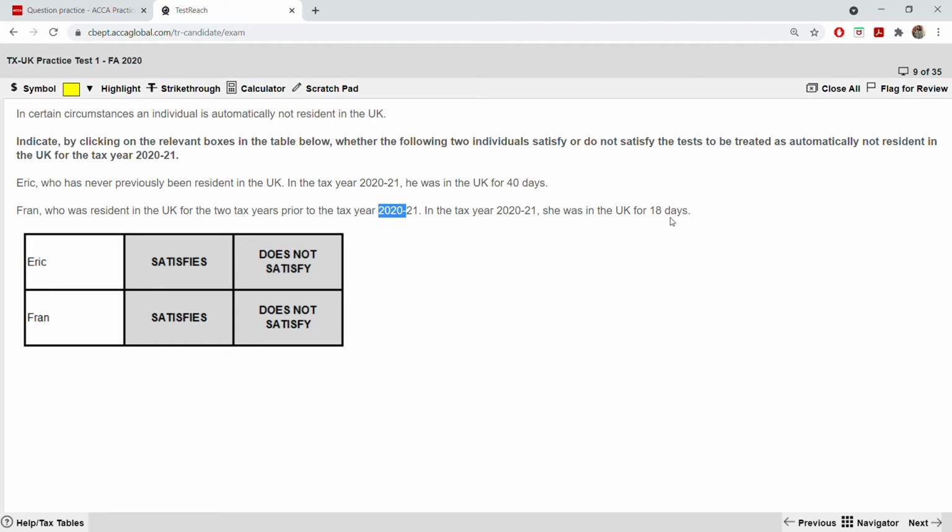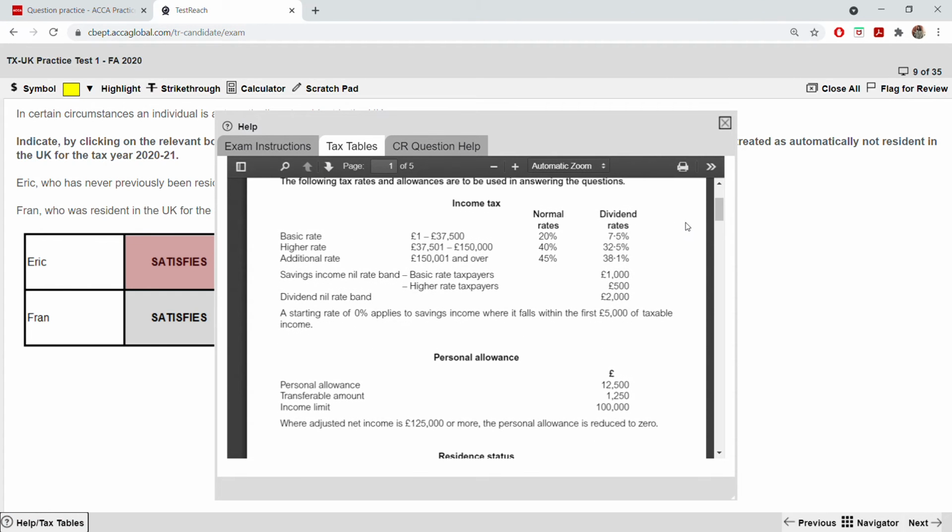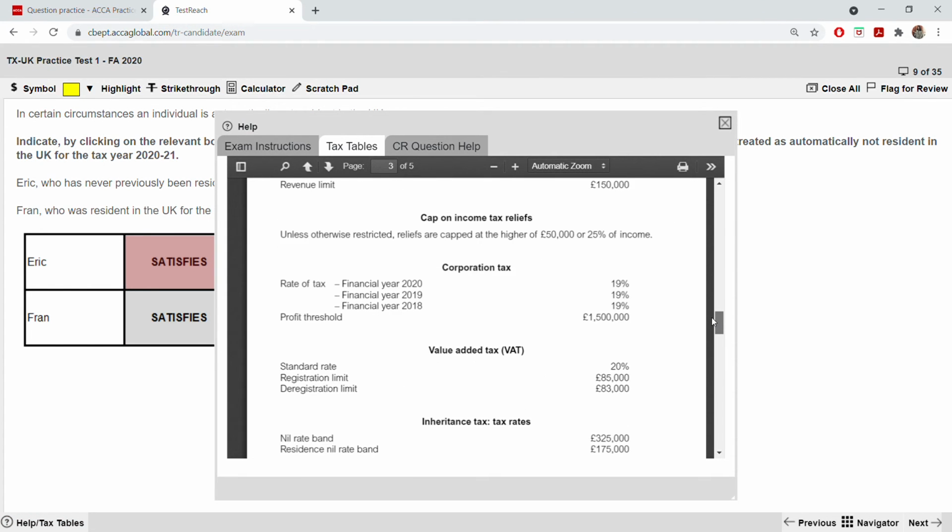So does he satisfy or not? Eric satisfies. How? Because less than 46 days and not previously resident. He has not been resident and also less than 46 days, which is 40 days. So he satisfies. He's not a resident in UK. Let us go to this tax table and let us go to the resident formula.